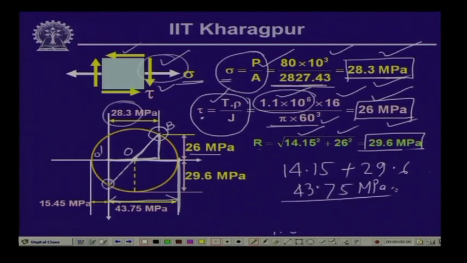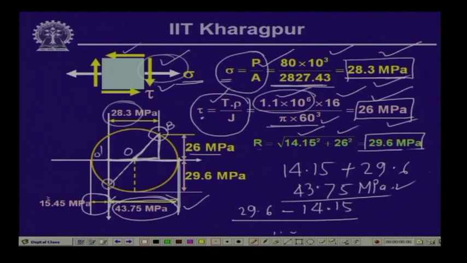This we get for the maximum principal stress, and this being positive, this is the tensile stress that will occur in the member at that particular point. And this is the minimum principal stress, which is equal to the radius 29.6 minus 14.15, and that gives us a value of 15.45 MPa. So, the maximum tensile stress occurring at that particular point is 43.75 MPa.